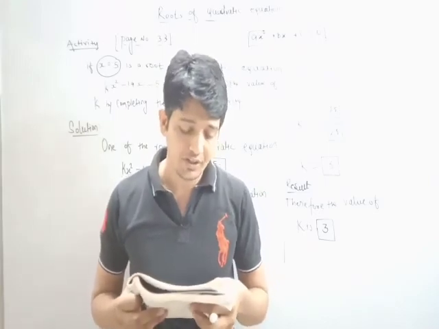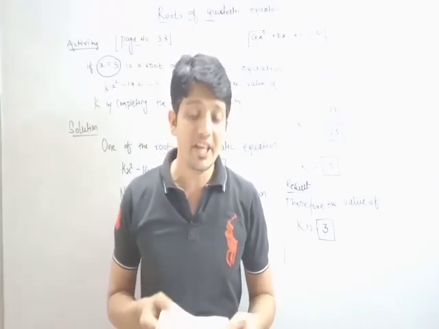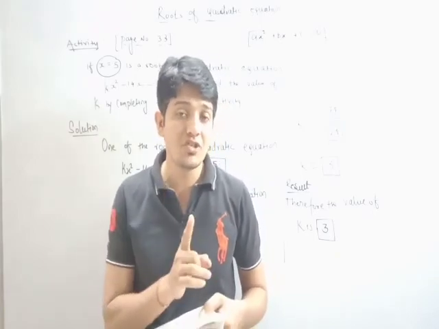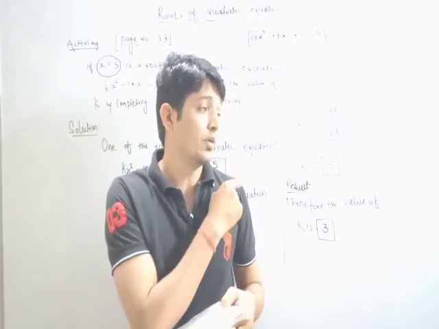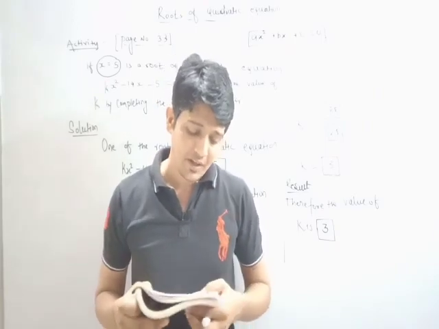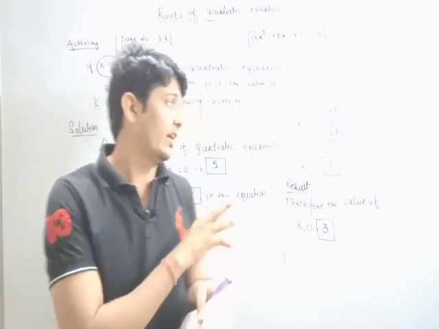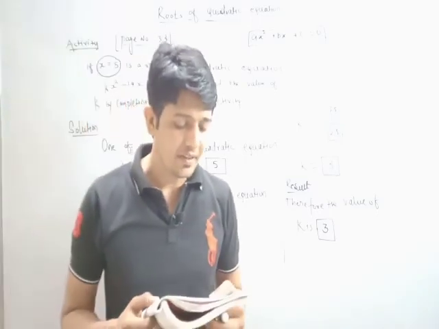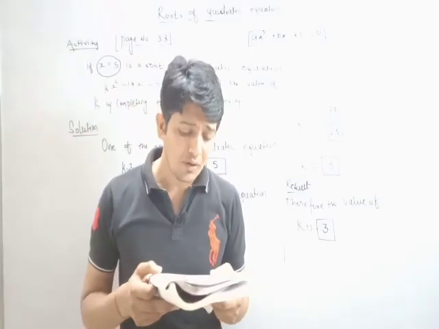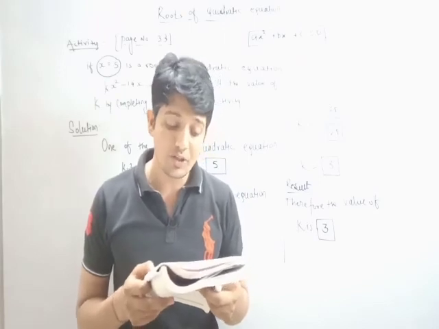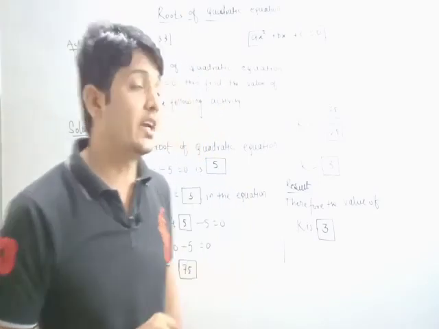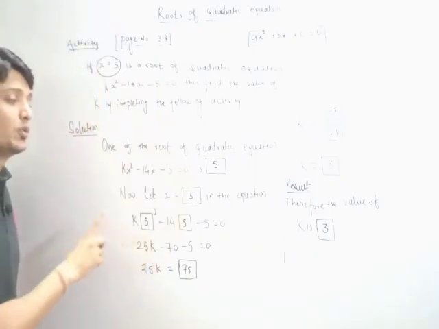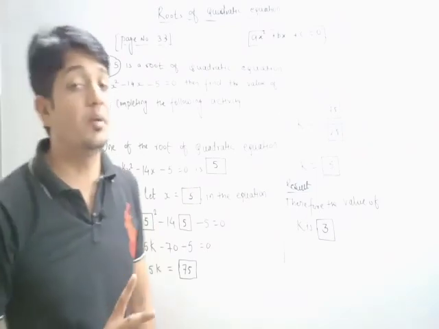Now the fourth question: determine whether the given values are roots of each quadratic equation or not. That means you have to just check, like the problem we solved just before. Question number 5 is very similar to this activity. Then in question number 6, one of the roots of the quadratic equation 5m square plus 2m plus k is given, and you have to complete the activity and find the value of k, proceeding in the same way as this activity.